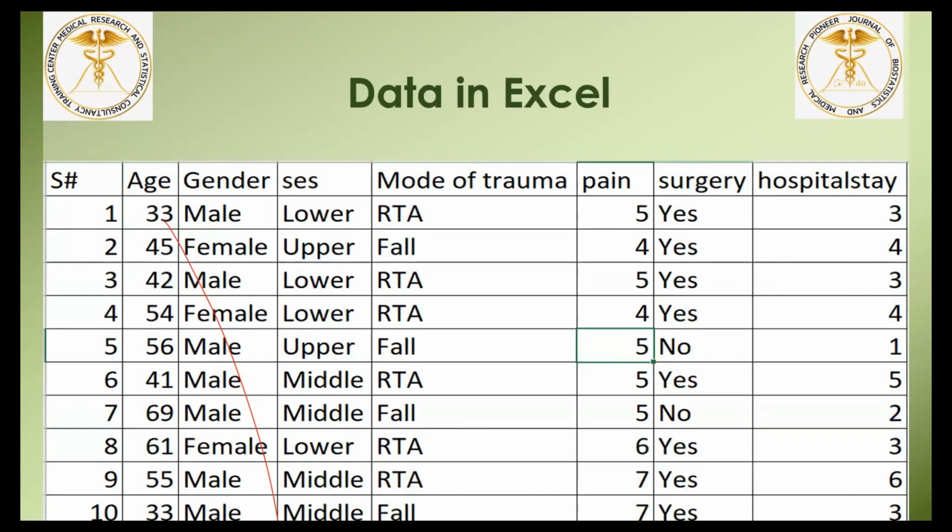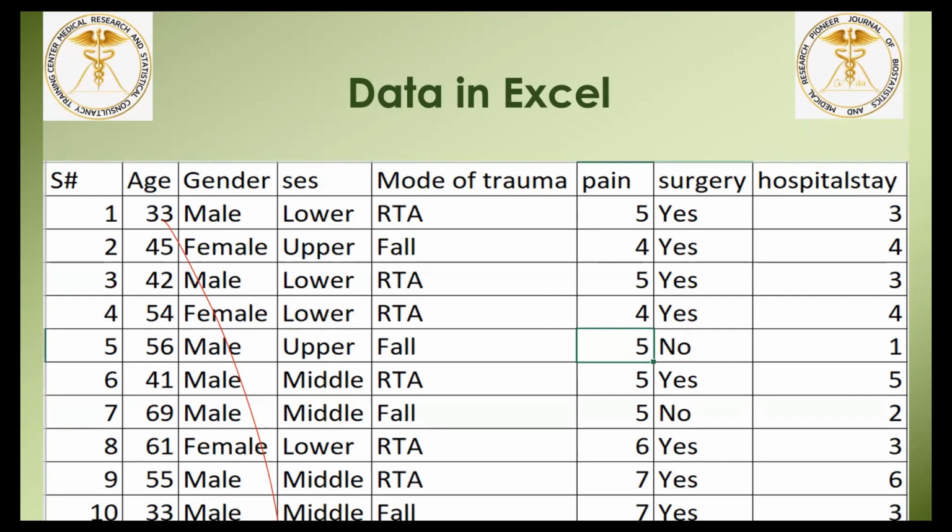Usually, we put our data in Excel in this way, like we start from the serial number. I have shown here the serial number from 1 to 10. There are different ages, like 33, 45, 42, 54, 56, 41.